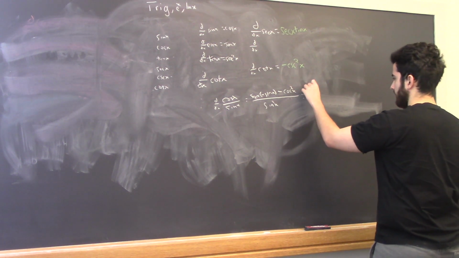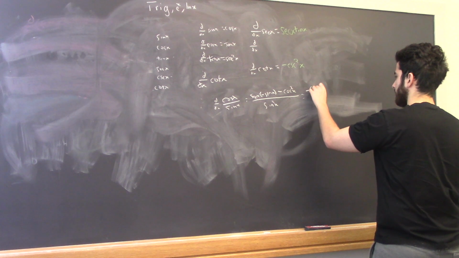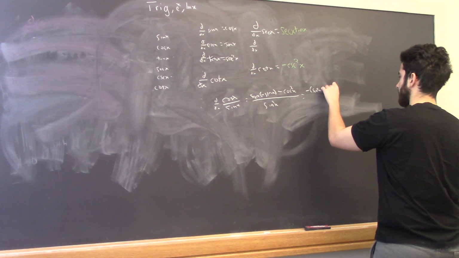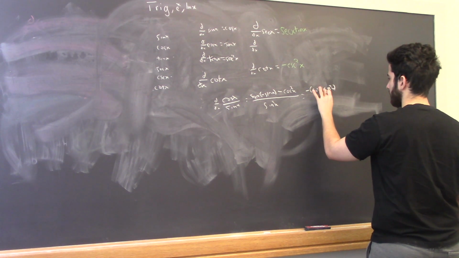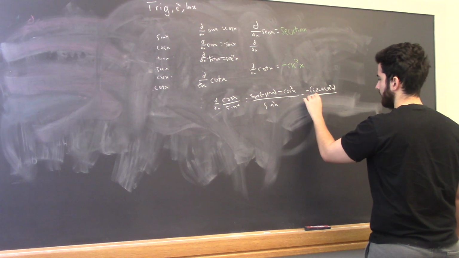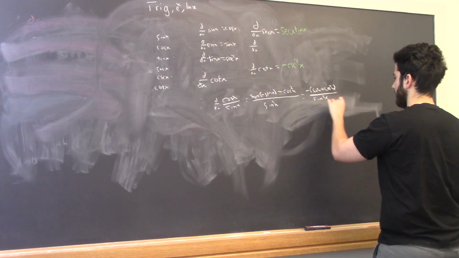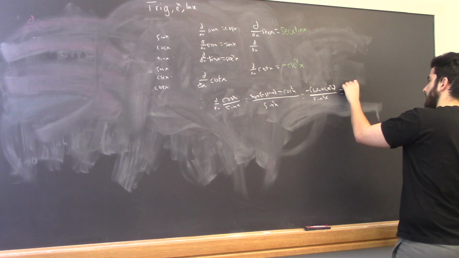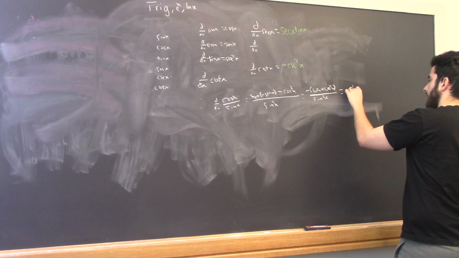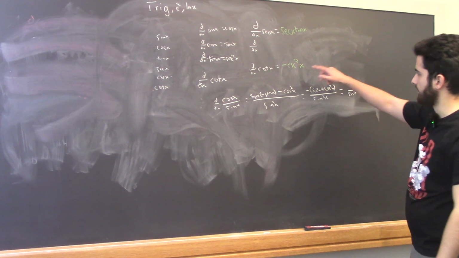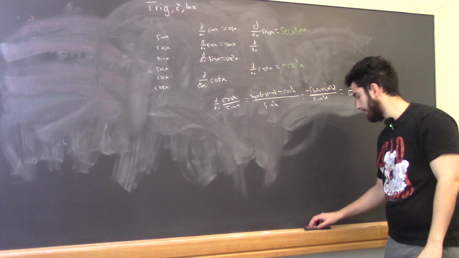This is negative of sine squared of x plus cosine squared of x over sine squared of x, which is negative 1 over sine squared, and that's the same thing as negative cosecant squared.